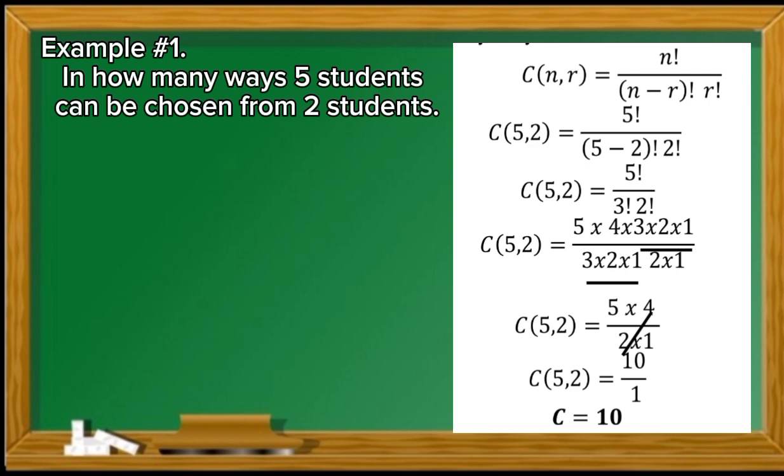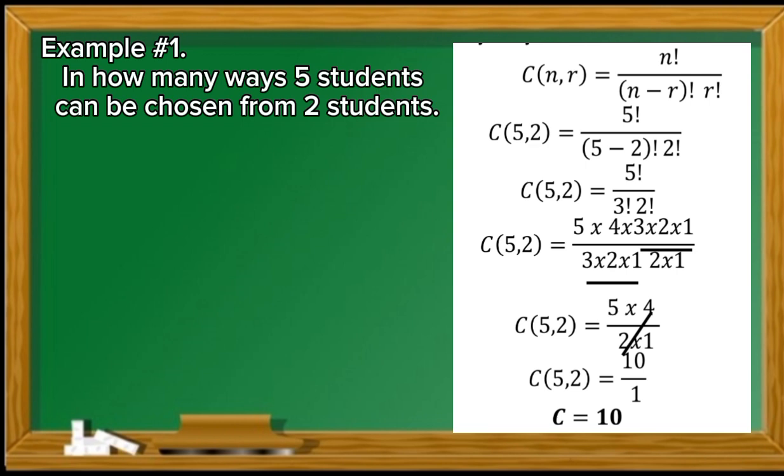The given is N equals 5 and R equals 2. So, equals 5 factorial over 5 minus 2 factorial times 2 factorial. Then proceed to the subtraction. 5 minus 2 is equal to 3. So it is 5 factorial over 3 factorial times 2 factorial.